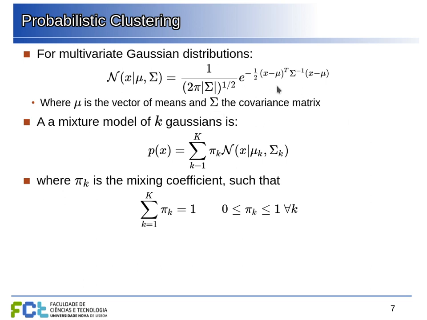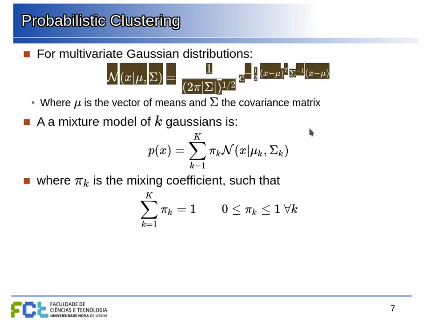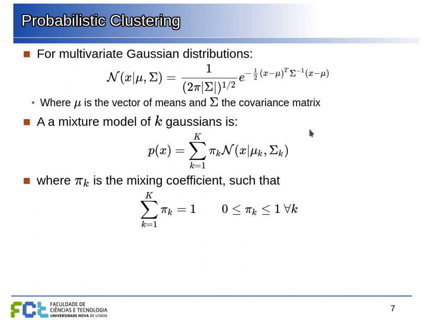So this is simply the expression for the Gaussian curve in n dimensions, where we need the parameters for the covariance matrix and the midpoint of the Gaussian distribution.